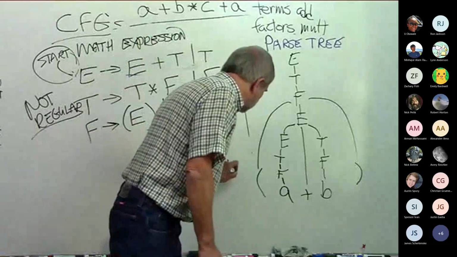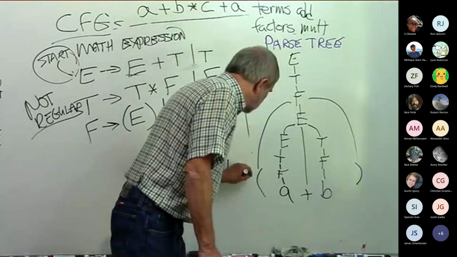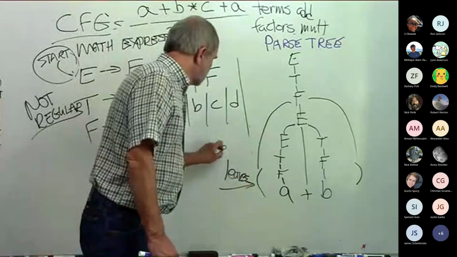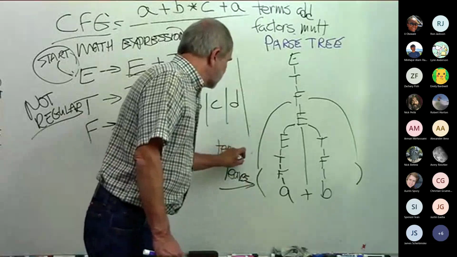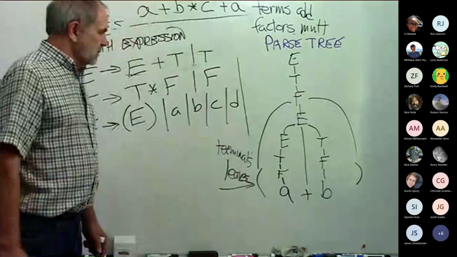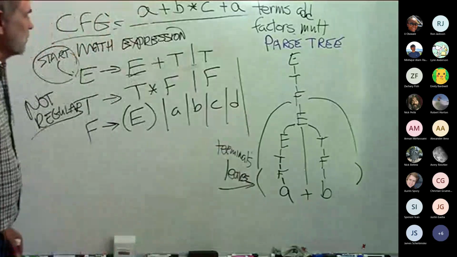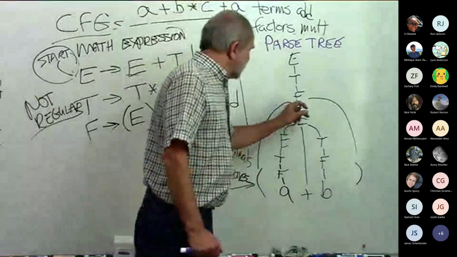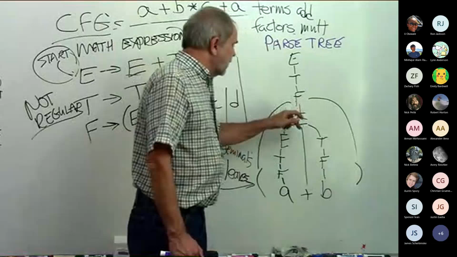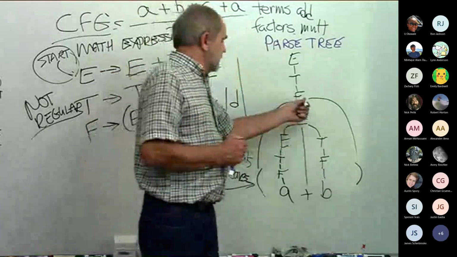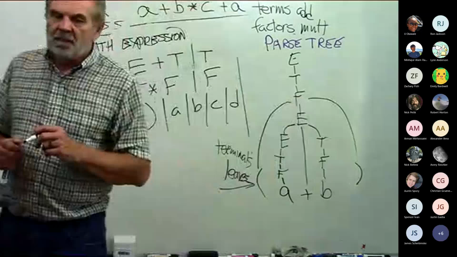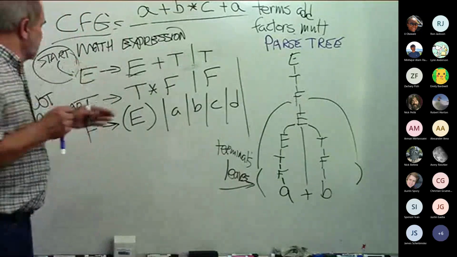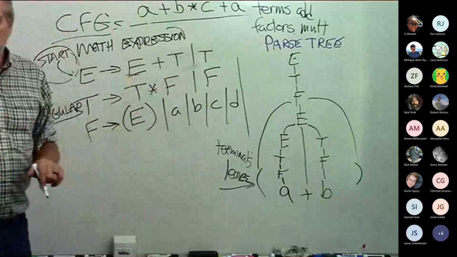All the leaves are the terminals. And all the internal nodes of the tree are non-terminals. And so you can read across, there must be a rule that says F goes to E. All the children of a node of the tree are the elements that make up the right-hand side of the rule.